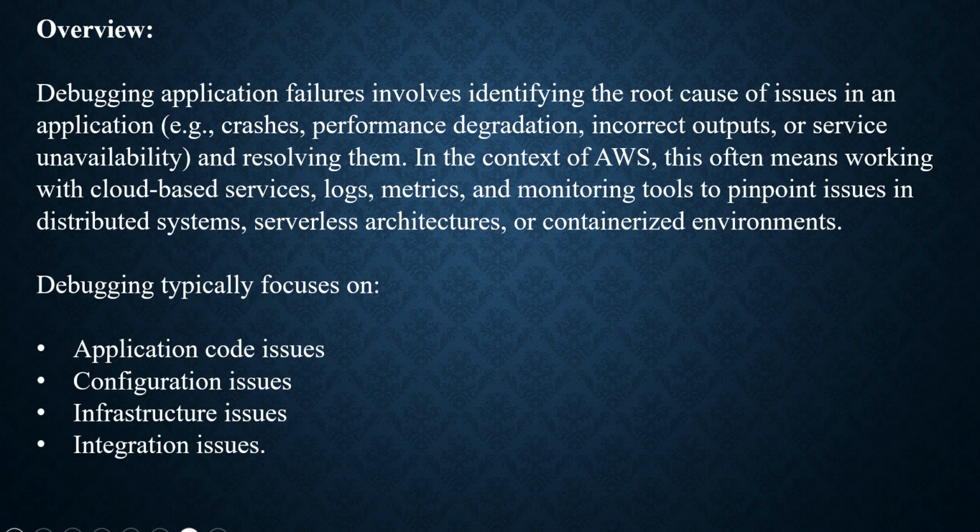In the context of AWS, this often means working with cloud-based services, logs, metrics, and monitoring tools to pinpoint issues in distributed systems, serverless architectures, or containerized environments. Debugging typically focuses on application code issues, configuration issues, infrastructure issues, and integration issues.